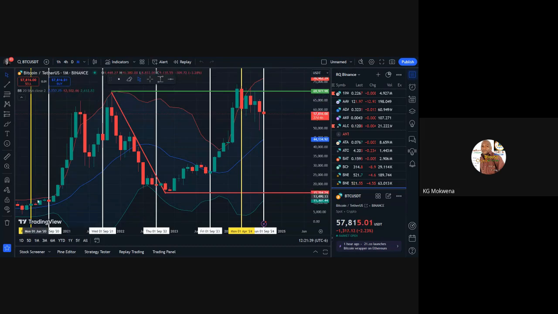The market started rising and rising. Bitcoin price started pumping. You can see May, June, July, August, and then September.